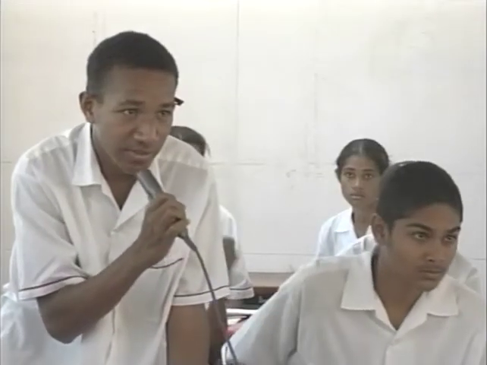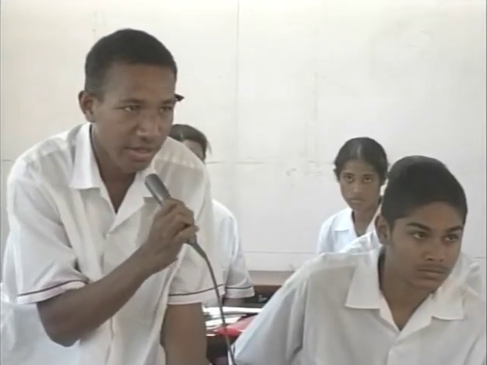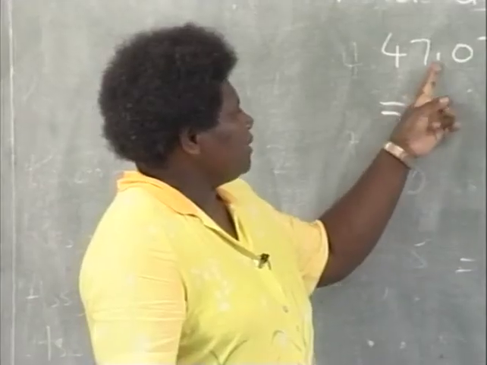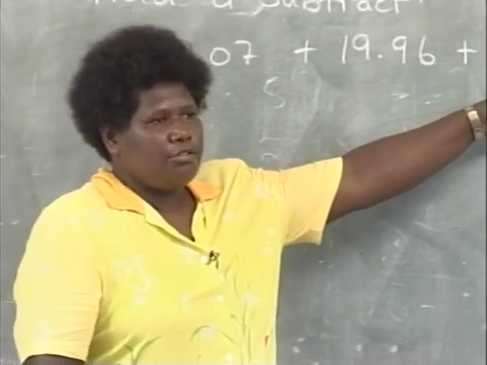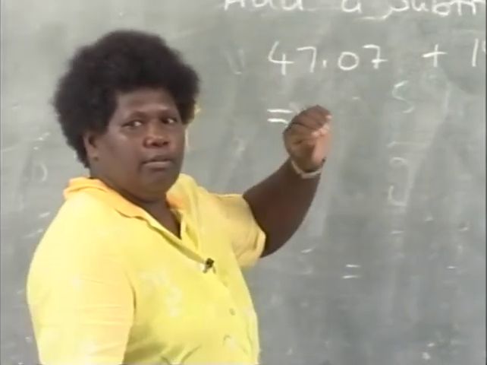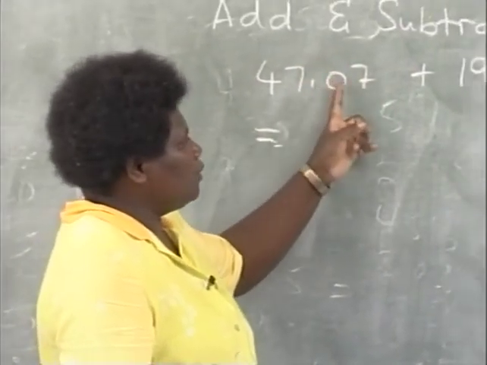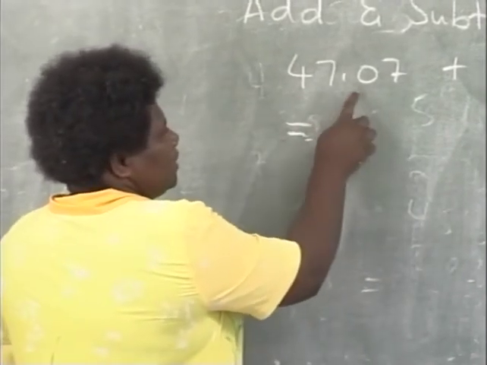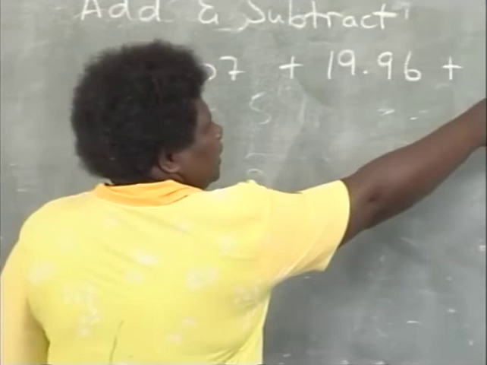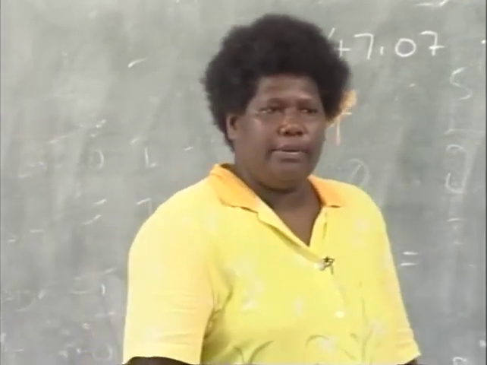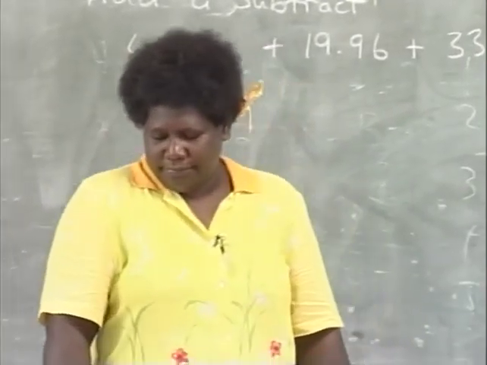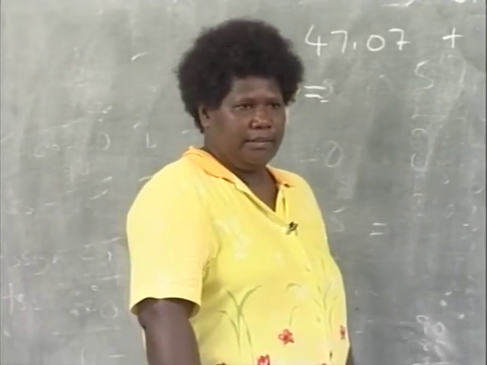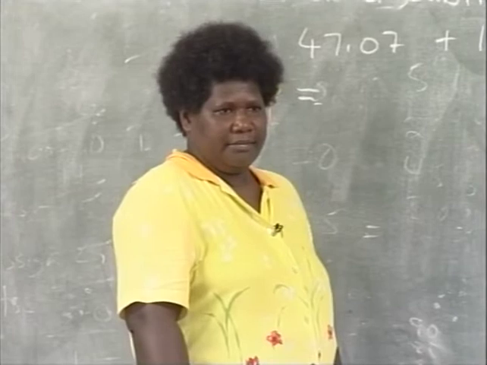The decimal placing should always be in a straight line. Very well said. So you should rewrite this as 19.96, where the decimal should be kept in a straight line. Anything else, Andrew?